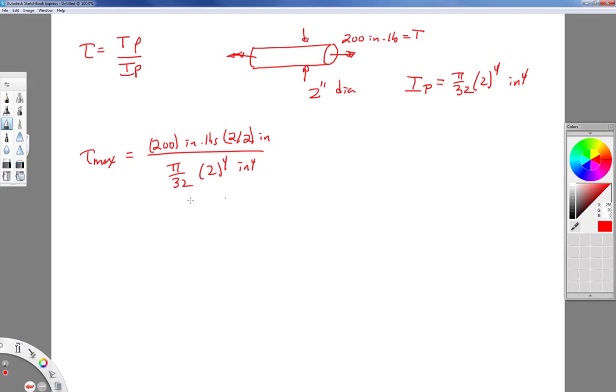Now there's one more thing that we can do, and we can actually calculate now our angle of twist.